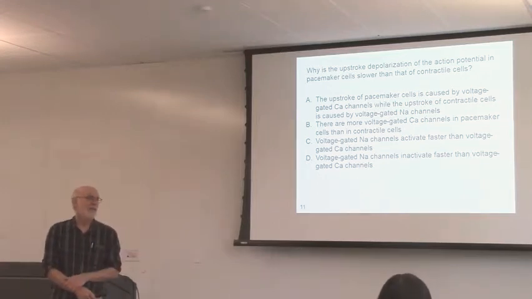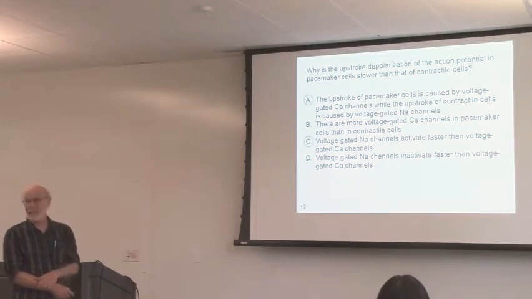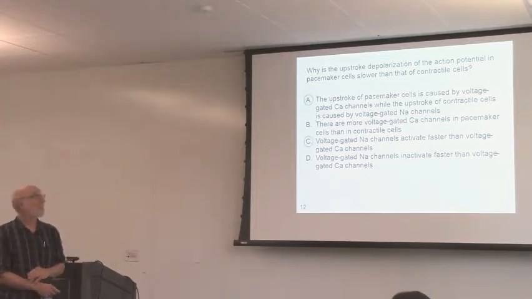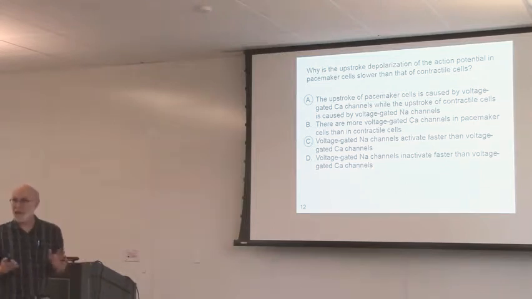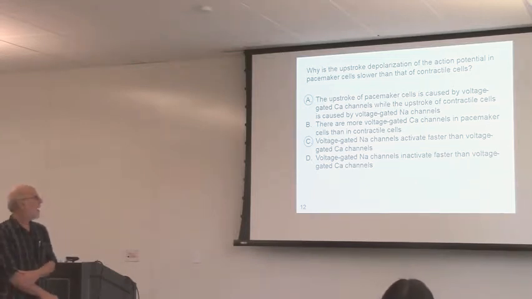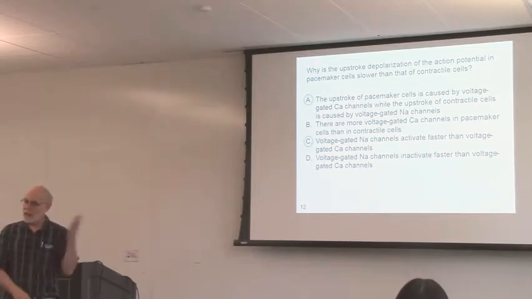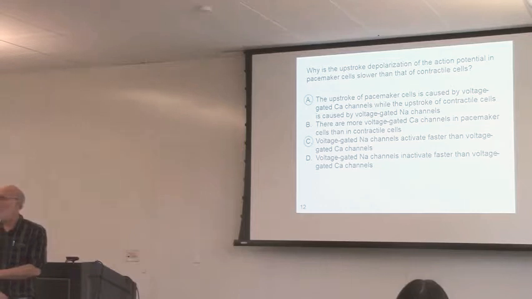Show me your answers. The upstroke in pacemaker cells is caused by calcium channels, and the upstroke in ventricular myocytes or atrial myocytes, the contractile cells, is caused by voltage-gated sodium channels. And voltage-gated sodium channels are fast compared to voltage-gated calcium channels. Those are the 2 molecular mechanisms that explain this difference in the upstroke.